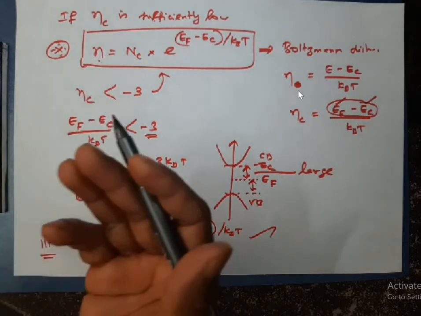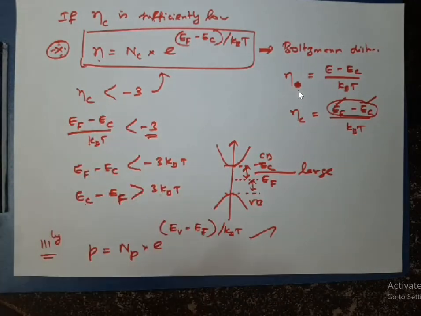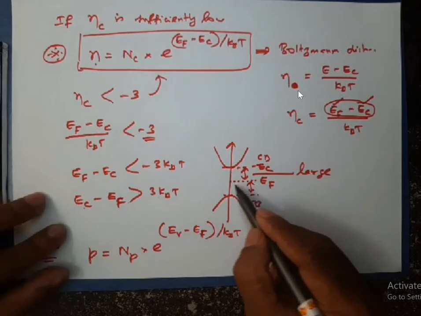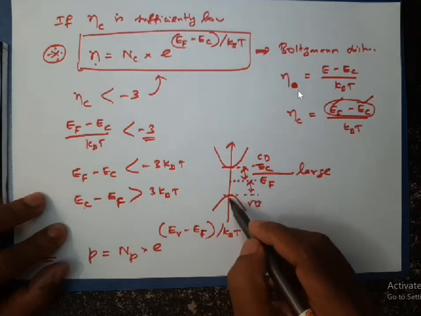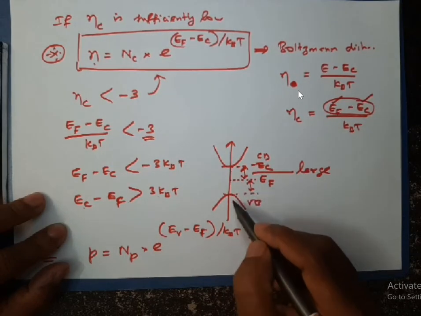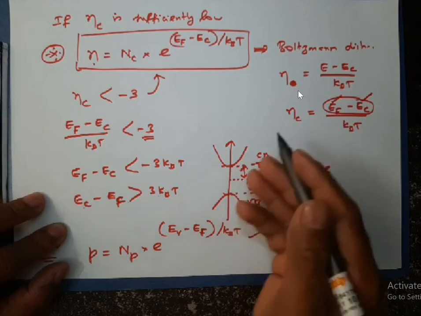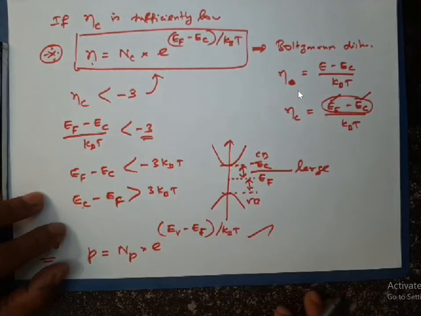We have to calculate the Fermi integral, and from that calculate the value of n. If the Fermi energy is approximately in between EC and EV, then you can use this Boltzmann approximation.